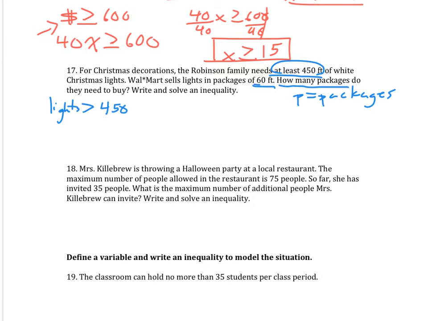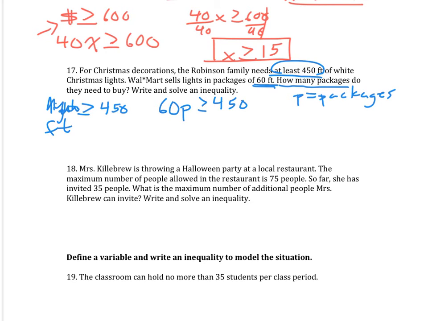Well, 60 feet per package. Per package, so I'm going to take 60, multiply it by the number of packages I buy. So that'll tell me how many feet I'm getting. This should be feet, not lights. Feet, I want the feet to be at least 450. So 60 times the number of packages, I want that to be at least 450.